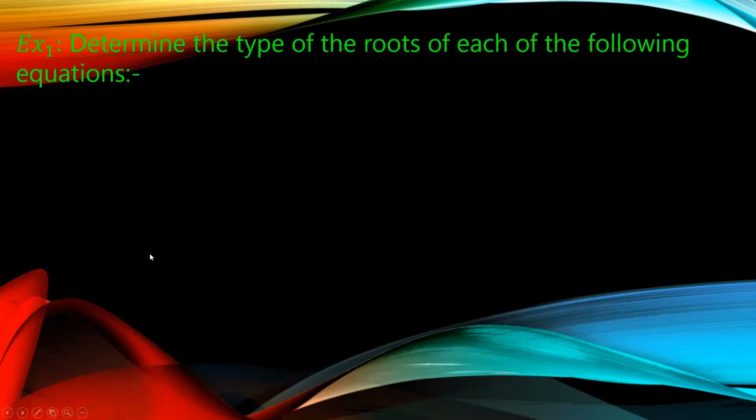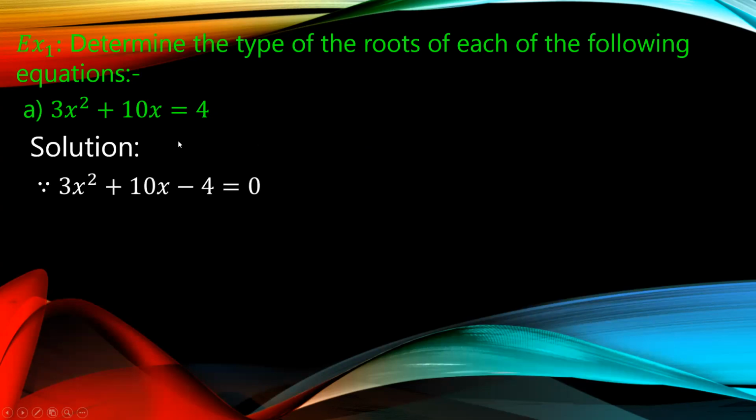For example, determine the type of roots of each of the following equations. The first quadratic: 3x power 2 plus 10x equals 4. You should write it in the standard form: 3x power 2 plus 10x minus 4 equals 0, where a equals 3, b equals 10, and c equals negative 4.